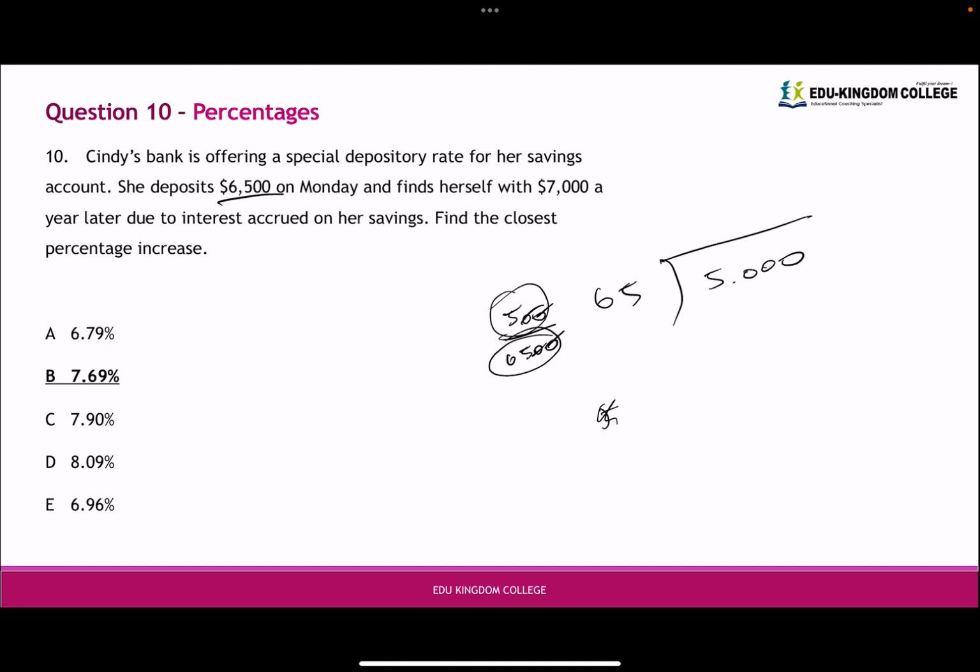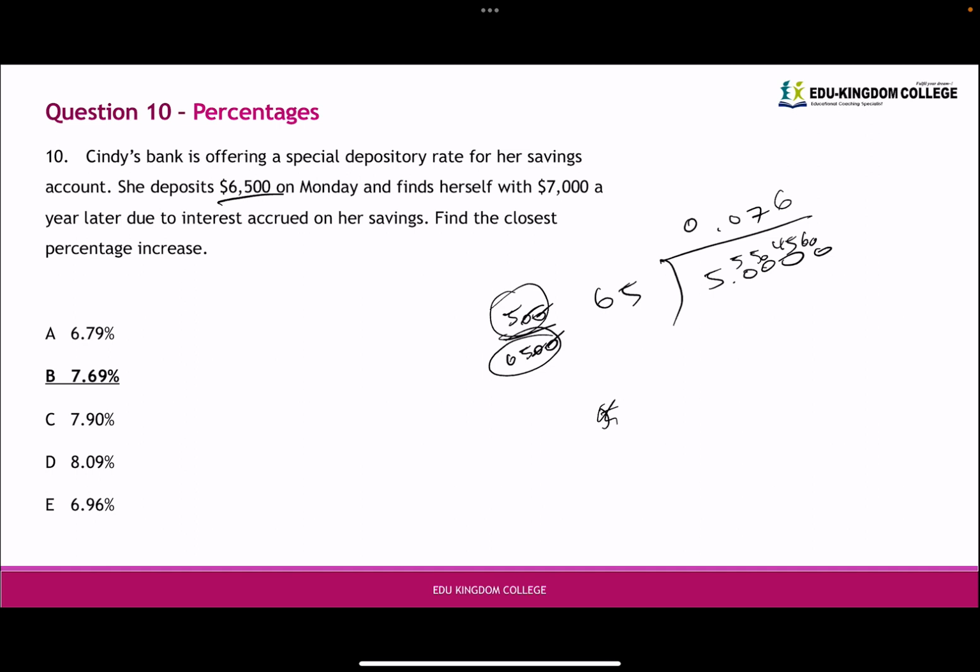So 65 goes into 5 0 times, 65 goes into 50 0 times, 65 goes into 500 7 times. 65 times 7 gives you 455, leaves over 45. 65 goes into 450 6 times. 65 times 6 is 390, leaves over 60.